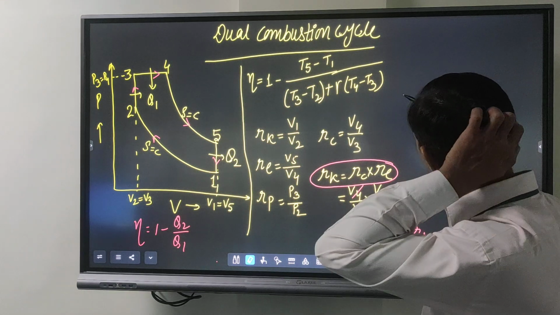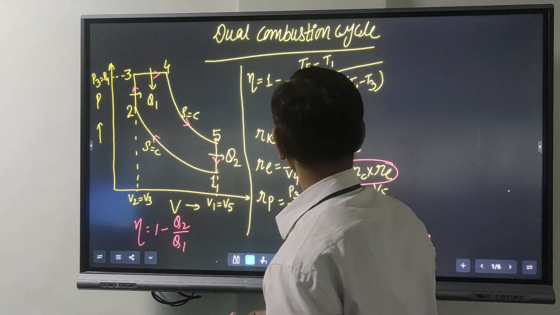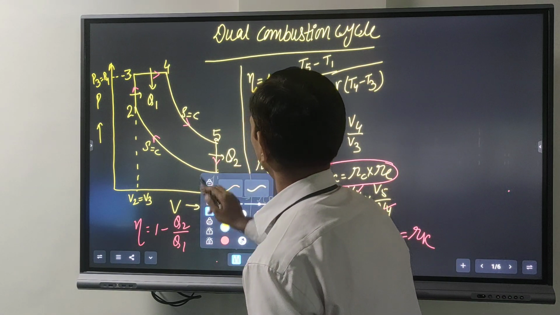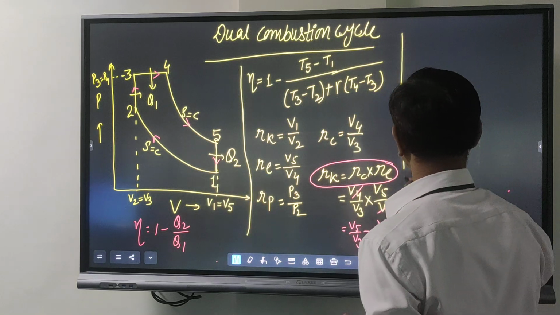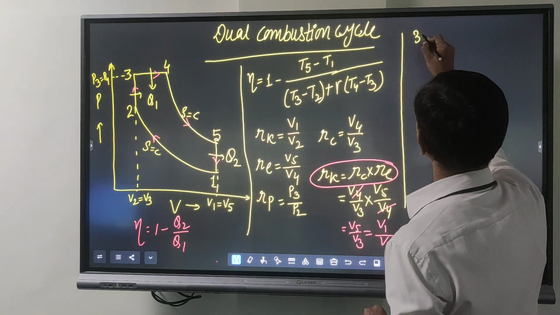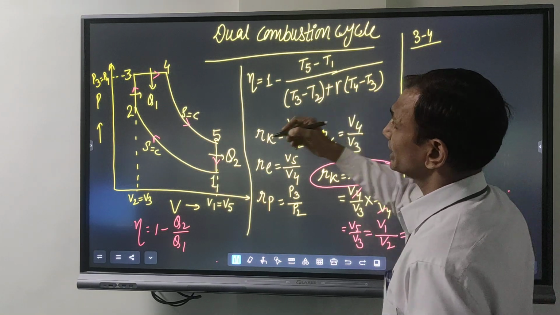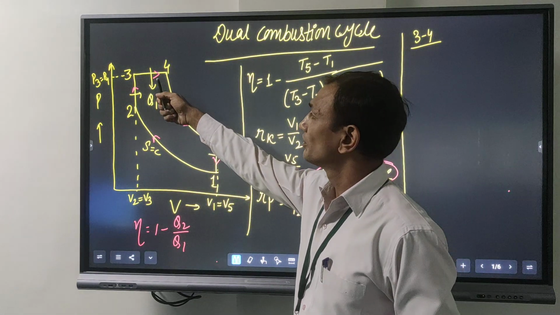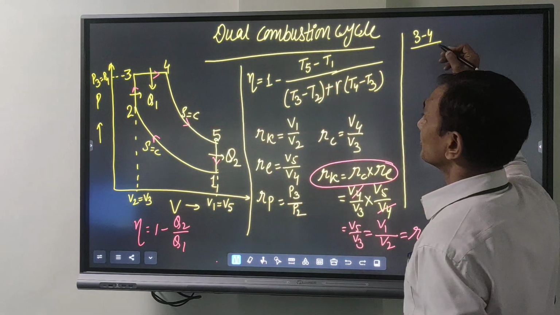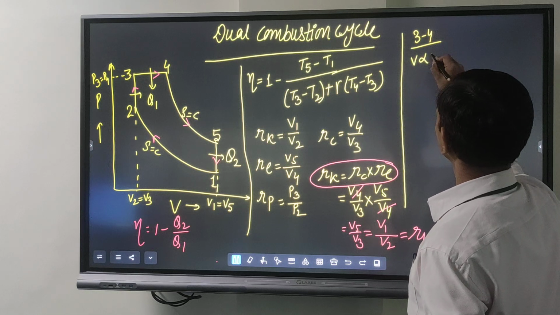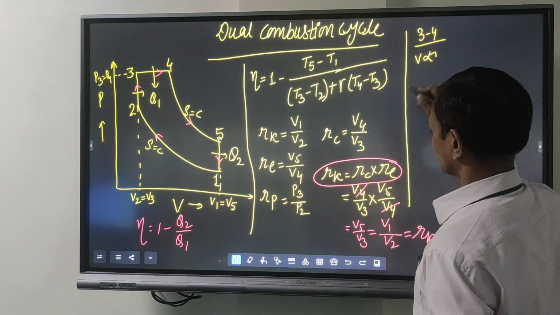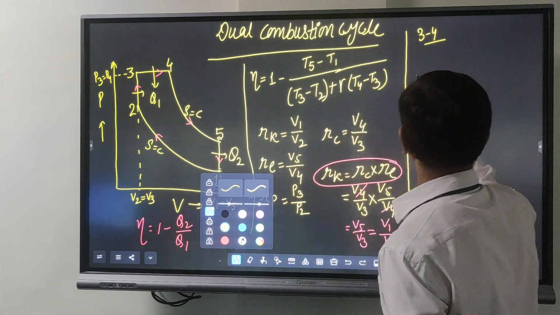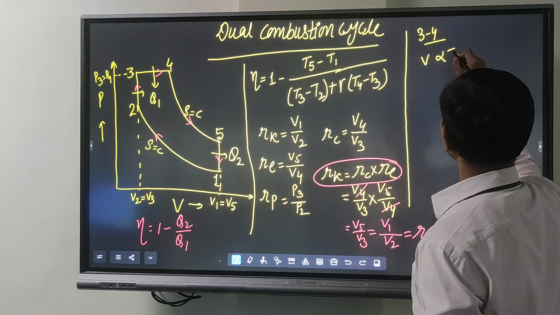Now going to the next process. For process 3 to 4, here pressure is constant, so PV is equal to mRT. So here pressure constant means volume is directly proportional to the temperature.